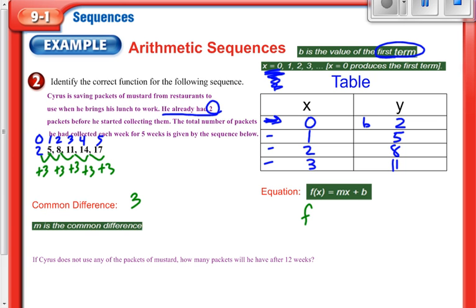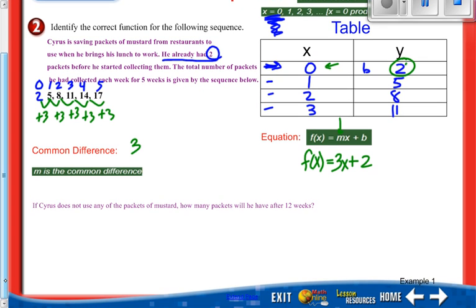So our equation would look like this. F of x equals m, common difference, 3, x plus b. b is when x is 0. We get 2, positive 2. Now down below, this is how we would use our equation above. F of x equals 3x plus 2.